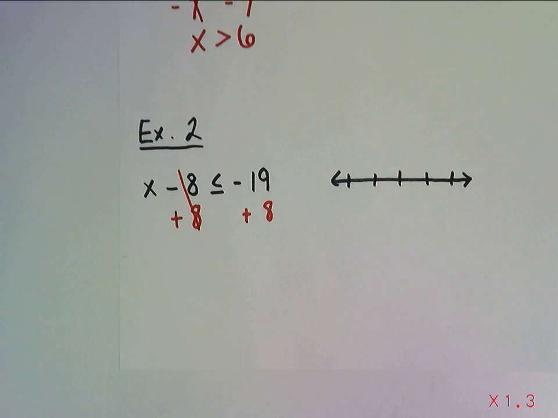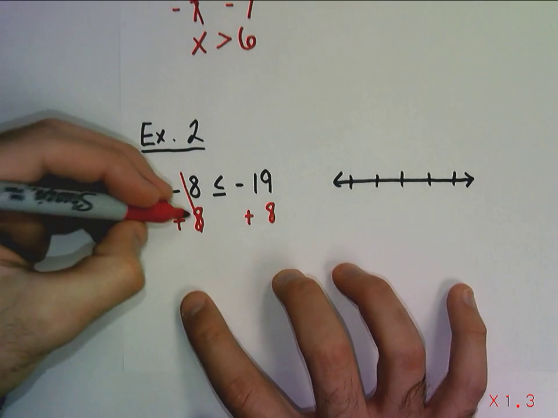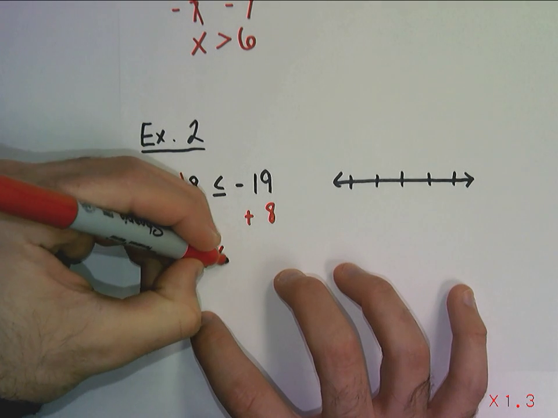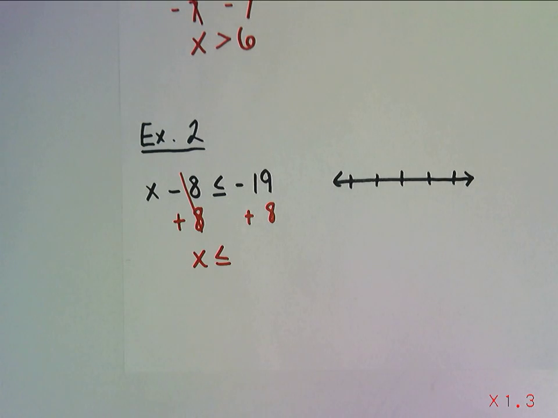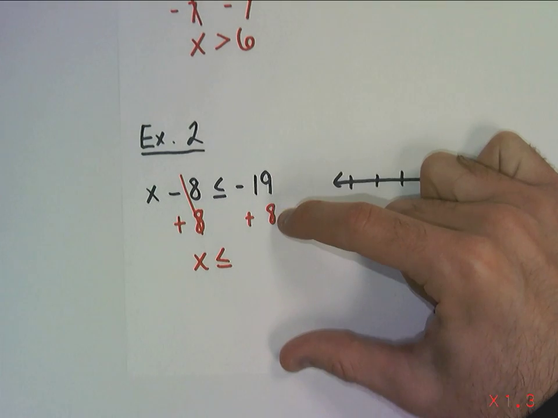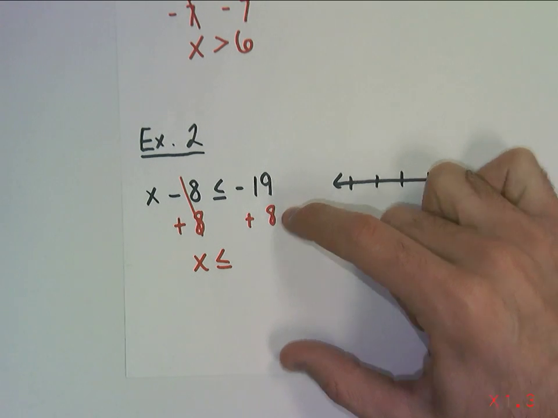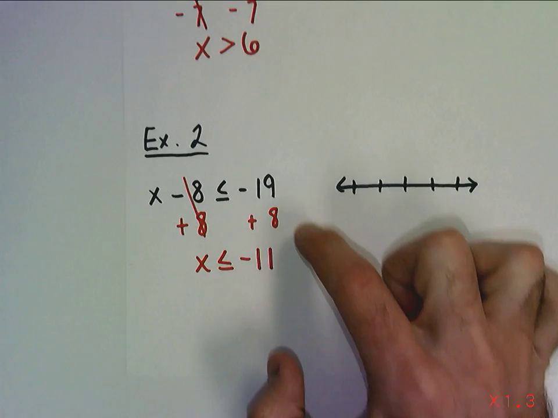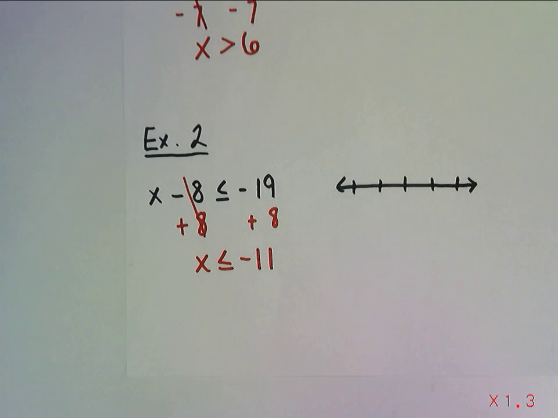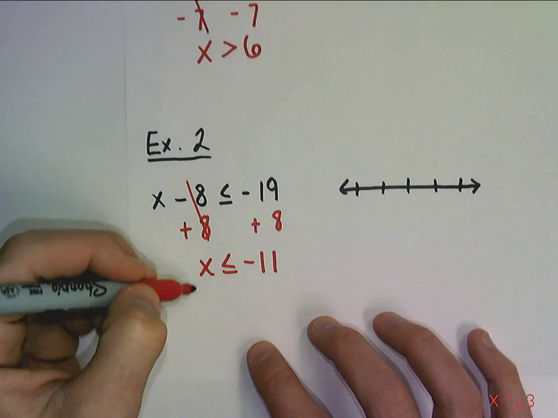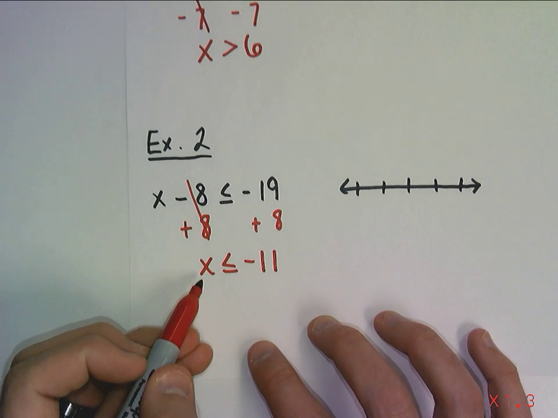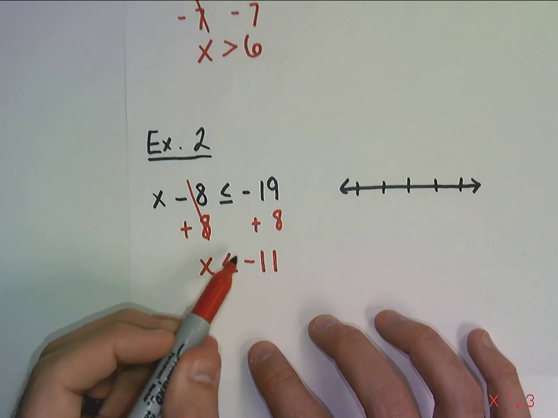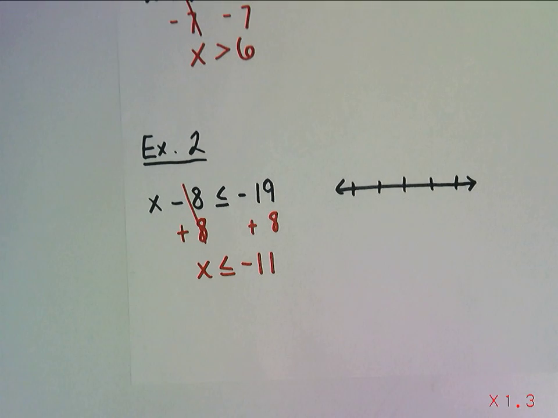These would cancel out, and I would be left with x is less than or equal to, if I have negative 19 and I add 8 to that, I should get negative 11. There's your integer operations again. Like I said, those don't go away. So at this point we have a variable, an inequality sign, and a number.